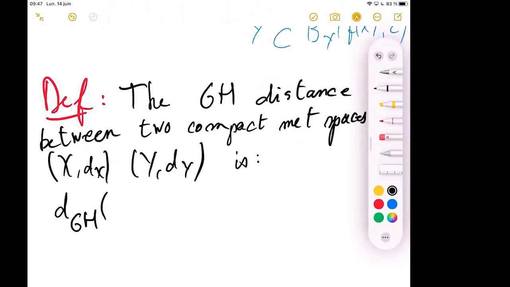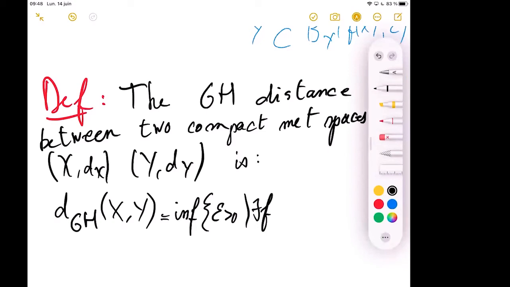You want for the distance to be less than epsilon, you want epsilon isometries in both directions.